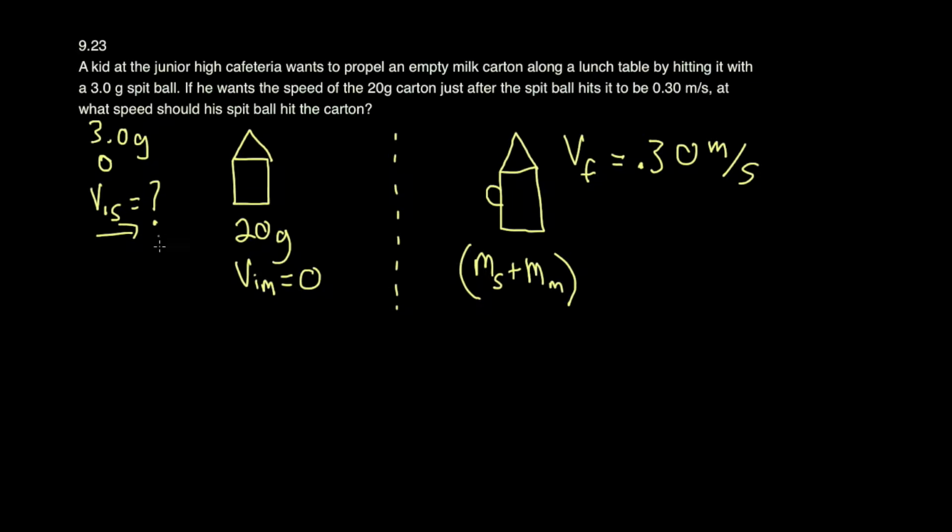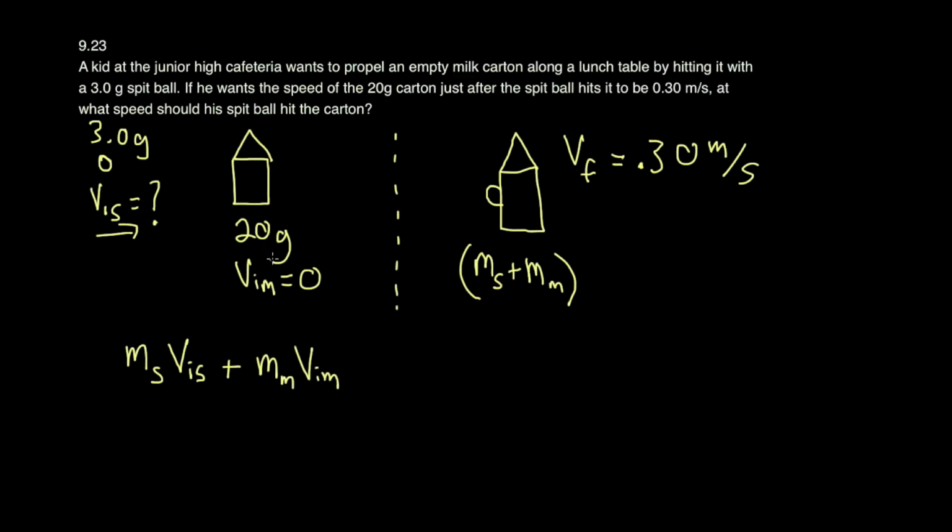Okay, so again, this is going to be a conservation of momentum problem, right? We need the initial momentum to be equal to the final momentum. And so to calculate the total momentum, the first part is just going to be the mass of the spitball times the initial velocity of the spitball, plus the mass of the milk carton times the initial velocity of the milk carton.